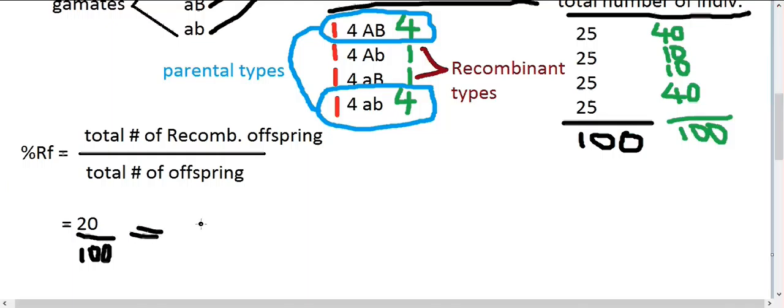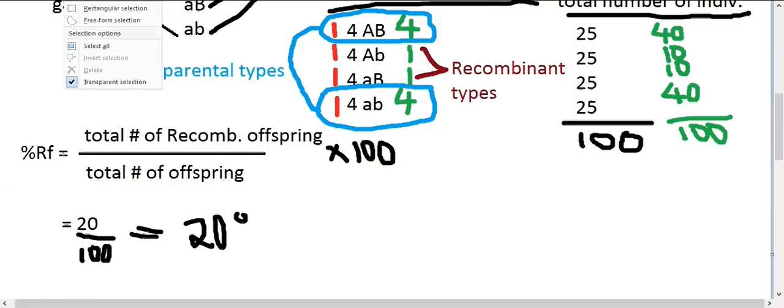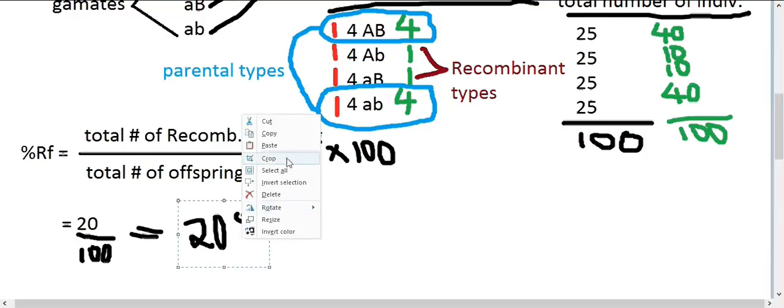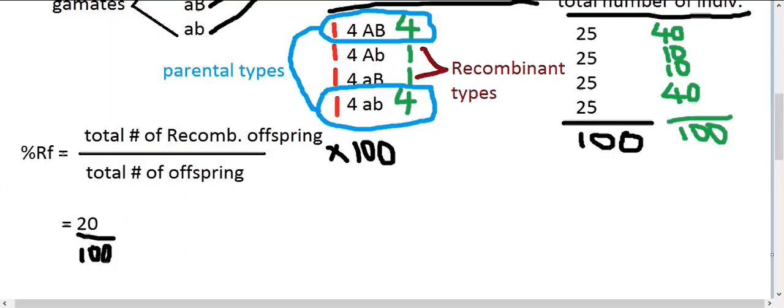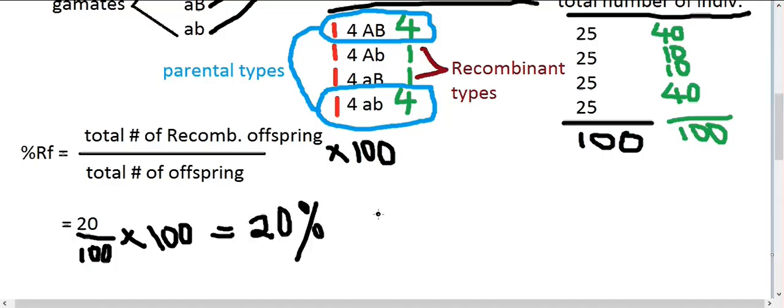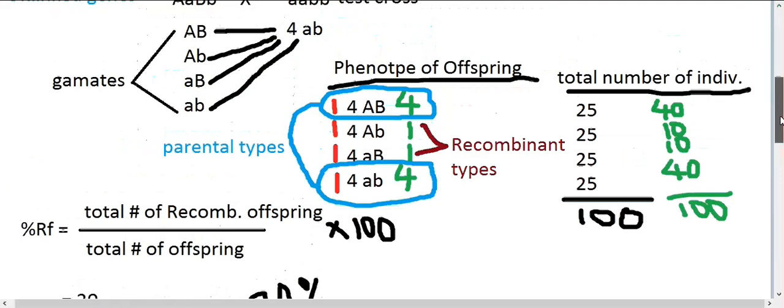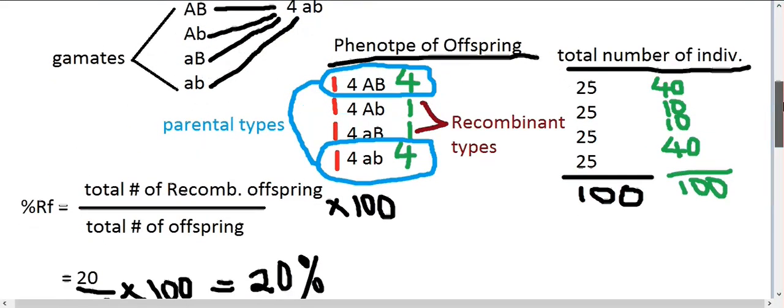Oh, sorry, and then you also have to multiply this by 100. So that number times 100 is equal to 20%. Our percent recombination frequency for this cross involving these genes is 20%.